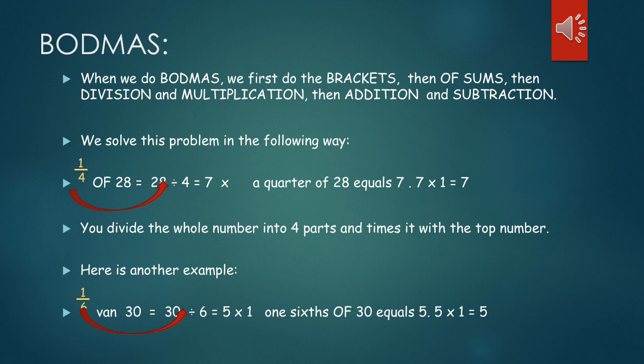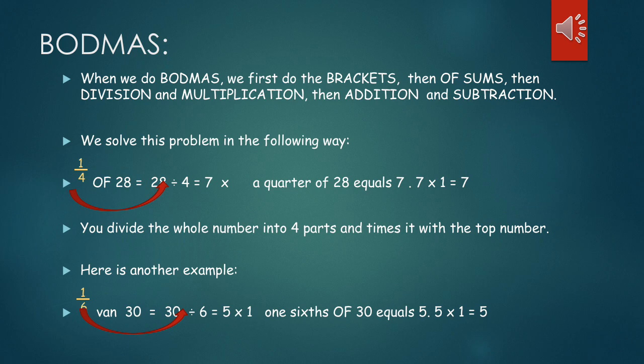We solve this problem in the following way. 1/4 of 28 equals 28 divided by 4 equals 7 times 1. 1/4 of 28 equals 7. 7 times 1 equals 7. You divide the whole number into 4 parts and times it with the top number.